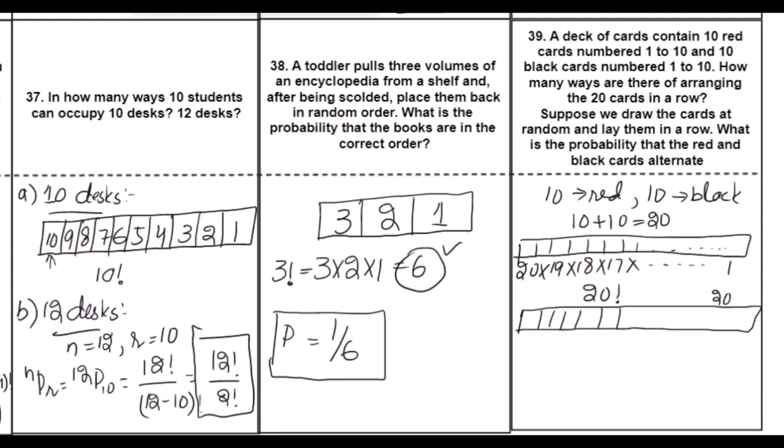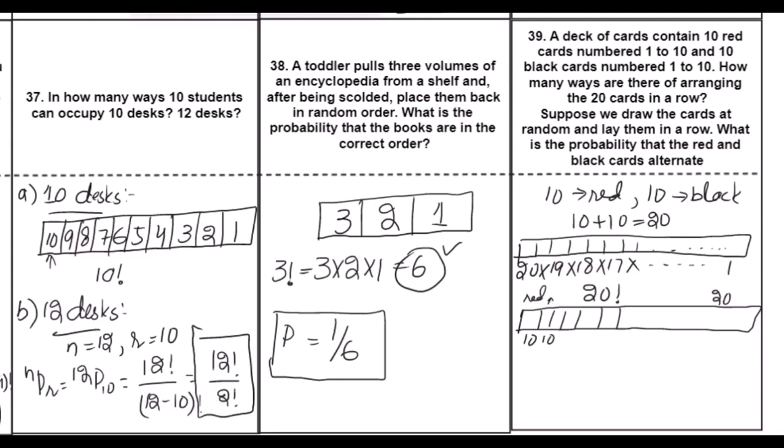If the first card here is the red one, the second one should be the black one, the third one should be red, the fourth one black, and so on. Initially the choices for the red will be 10. After it I have to put the black one, so the choices for the black are again 10.